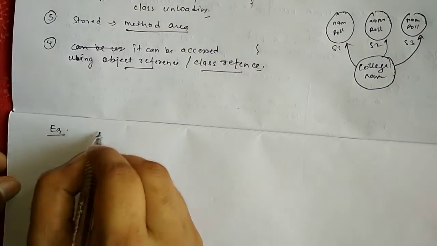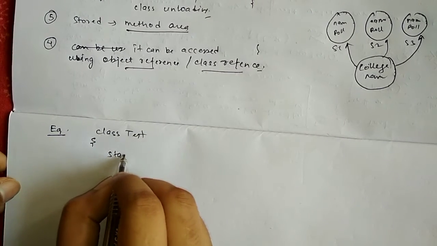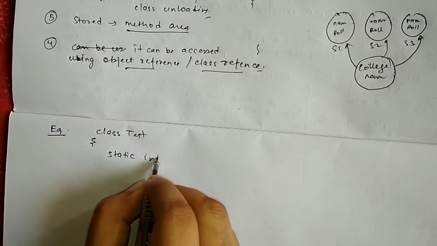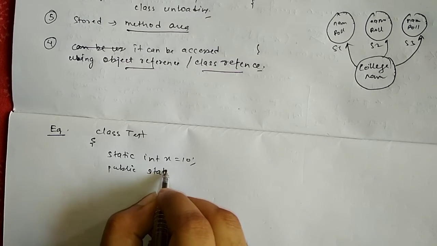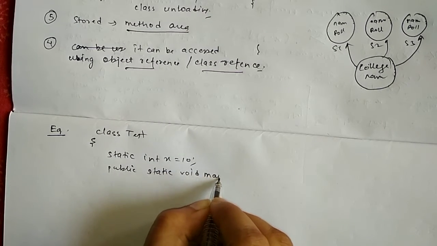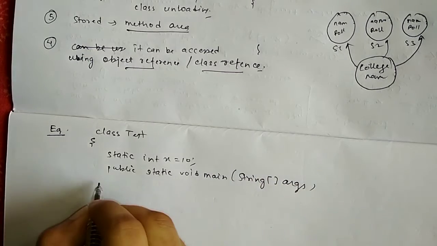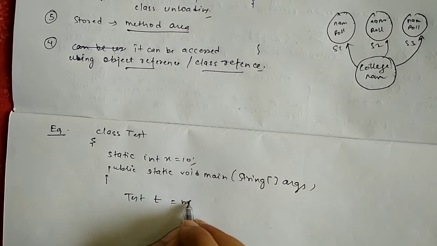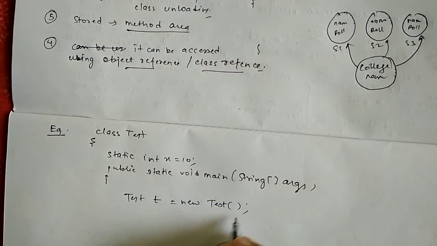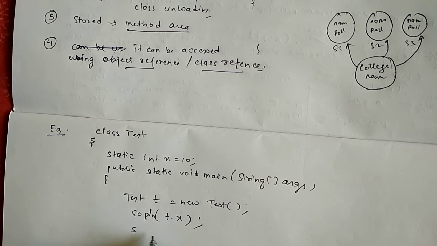Suppose we have created a class Test. In the class Test, we take a static variable, static int x = 10, and public static void main(String[] args). Now we create an object for this Test class, Test t = new Test().